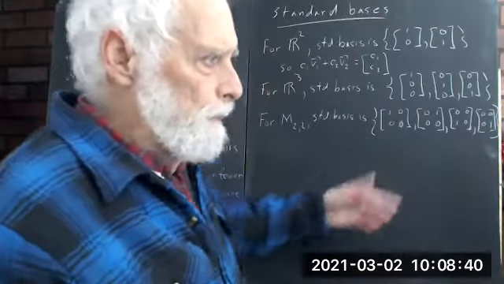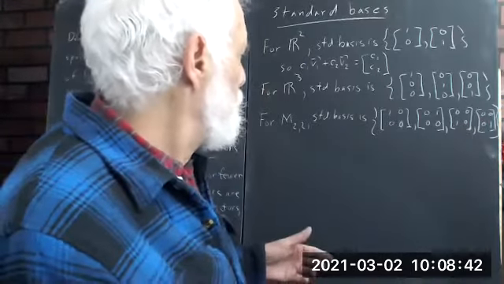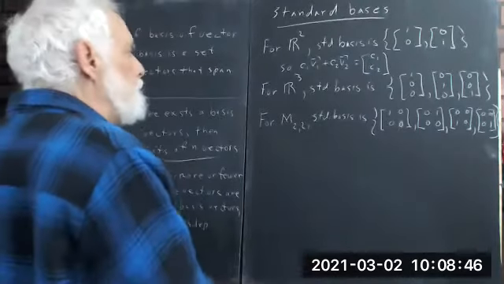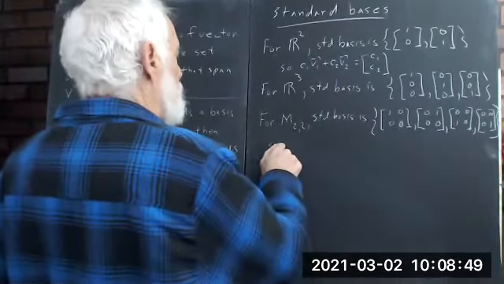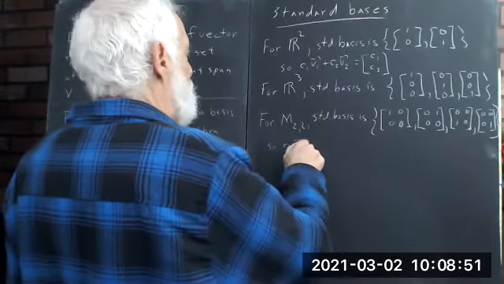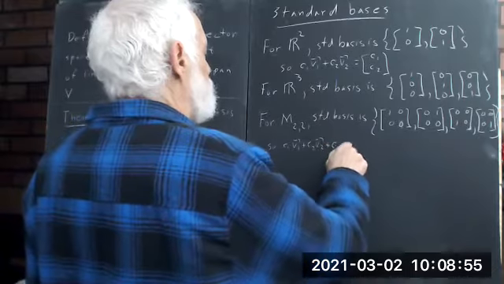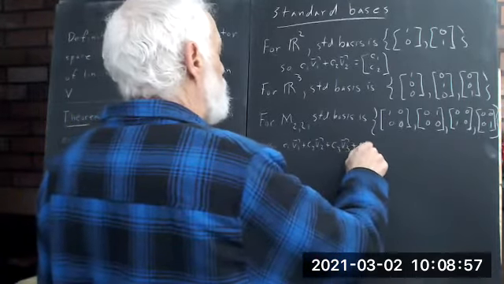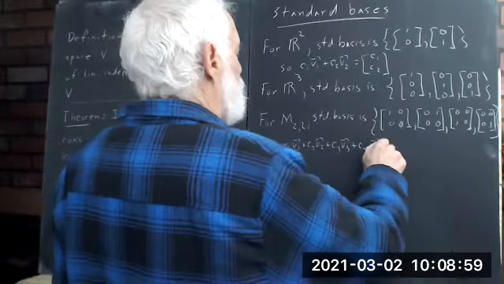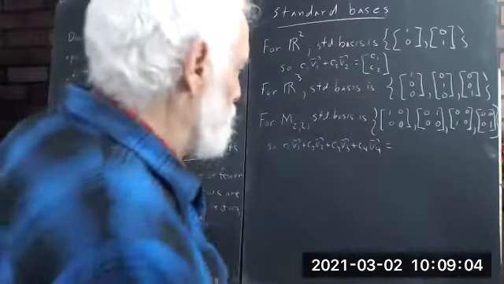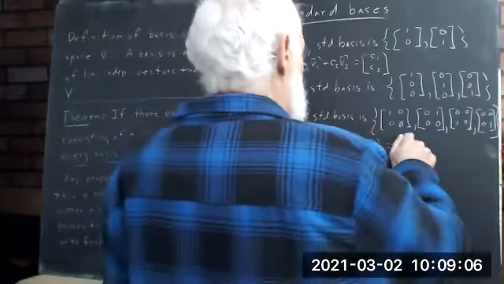Okay. And in this case, I can write out what C1V1 up through C4V4 is.